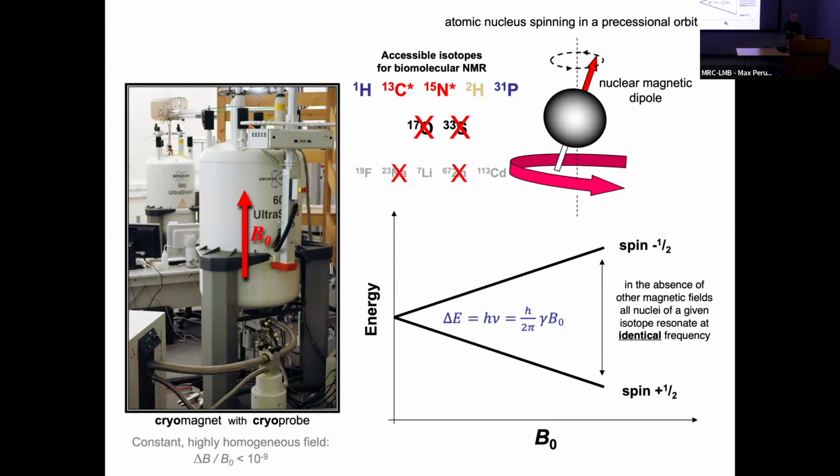So we have only a very small excess population in the lower state. And that's why NMR is fundamentally a very insensitive technique, because we don't use the potential of all of the spins in there. We only have a 40 parts in a million excess in the lower state.